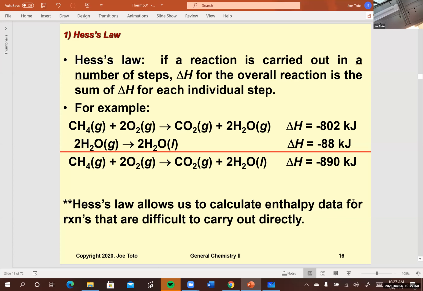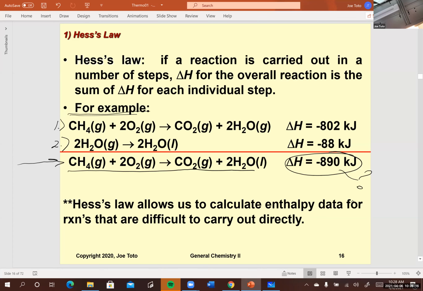For example, we have this reaction 1. Well, first of all, we want to know what the delta H of this reaction is, and we don't know it. Okay, say we don't know that. But I know the delta H of reaction 1 and 2.